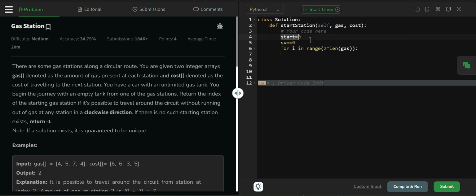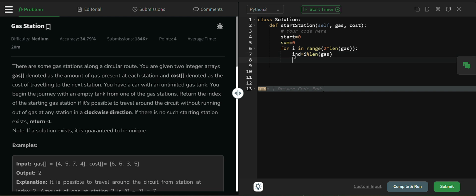Start determines the starting index of the journey and sum determines the net amount of gas we have. For each index I am considering a for loop from 0 to 2 times the length of gas. I have also created an index, ind, because if I directly use gas[i], it will give an array index out of bound exception.